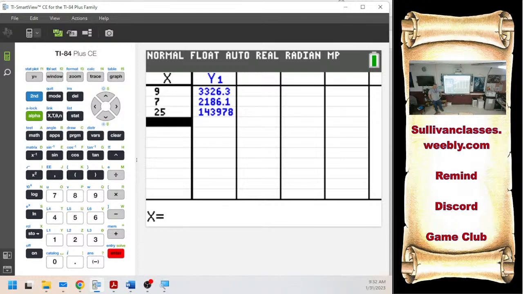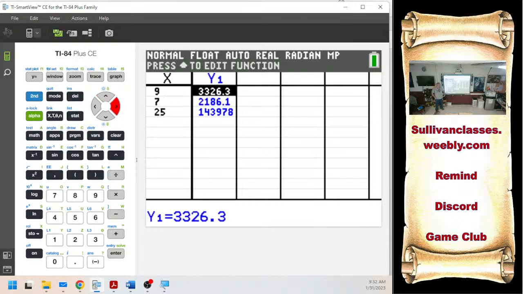Okay. Now, these columns are only so big. This 9, I hope you didn't just write down 33 or 3326.3. If you arrow over, if there's any more after it, it will display it. Oh, these are all cut off. Okay, there you go.